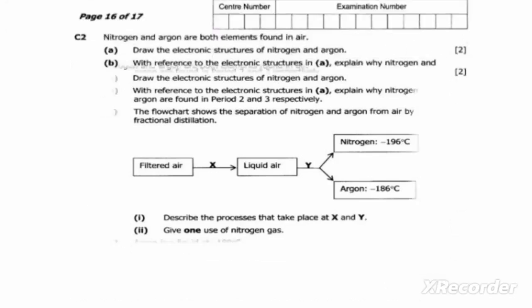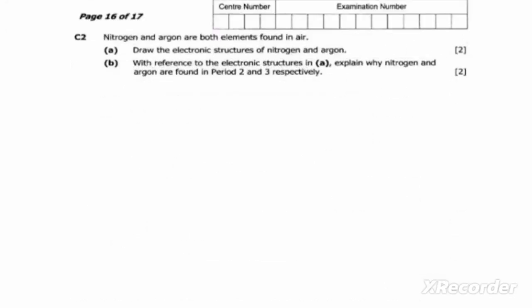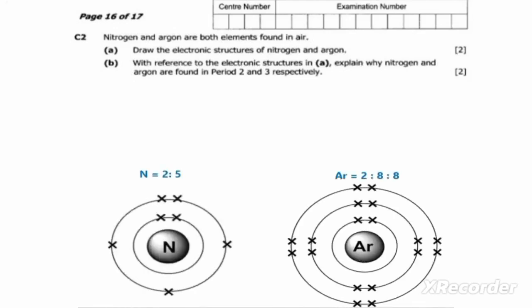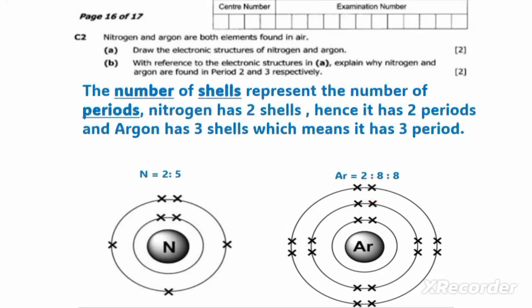So we need to understand that the number of shells represents the period. We can see that nitrogen has 2 shells, hence it has 2 periods. Then argon has 3 shells, hence it has 3 periods. So therefore we are going to say the number of shells represents the number of periods.